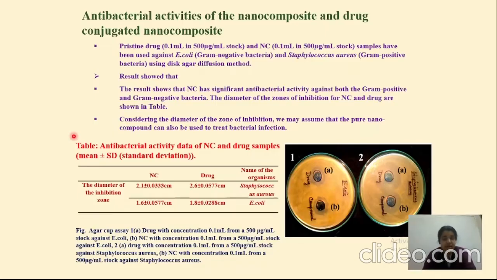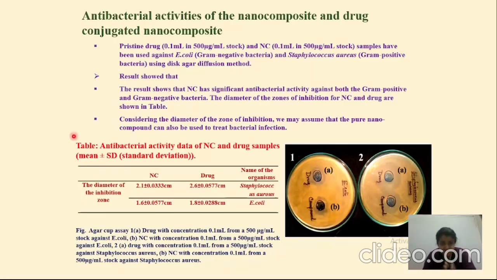Now the main aim is to apply them in several biological fields, like in the several biomedicinal fields. So we have applied these types of drug conjugated nanocomposite as antibacterial agent and also as antifungal agent, anti-diabetic agent, etc. in various biological fields.